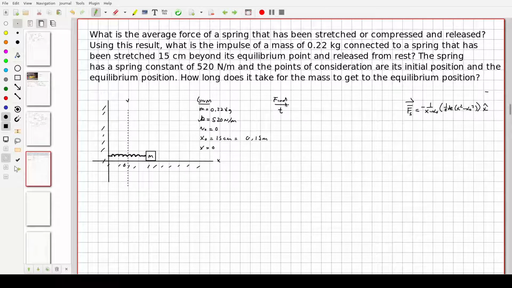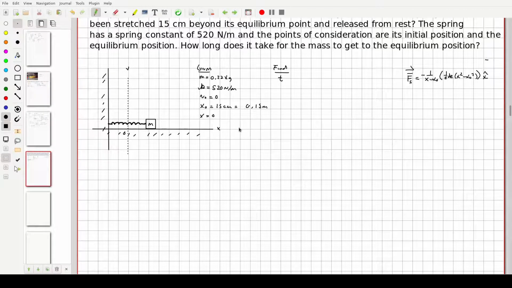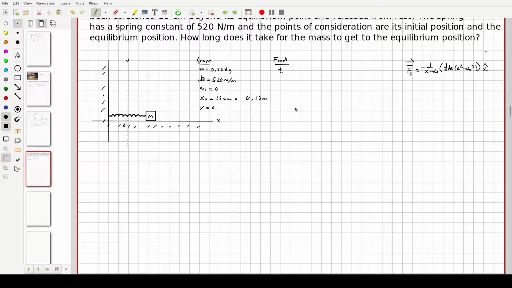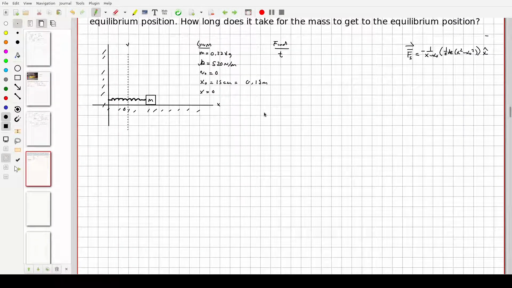Okay. Now, in order to solve this, I'm going to use both energy and also our equation for impulse. The reason I want to do that is because if we're going to find time, the way I'd like to approach it is through the impulse equation right here.